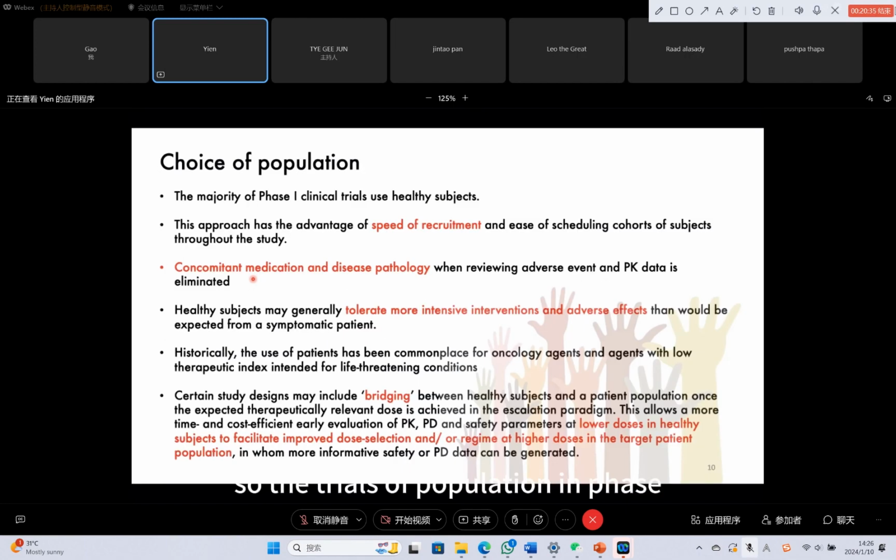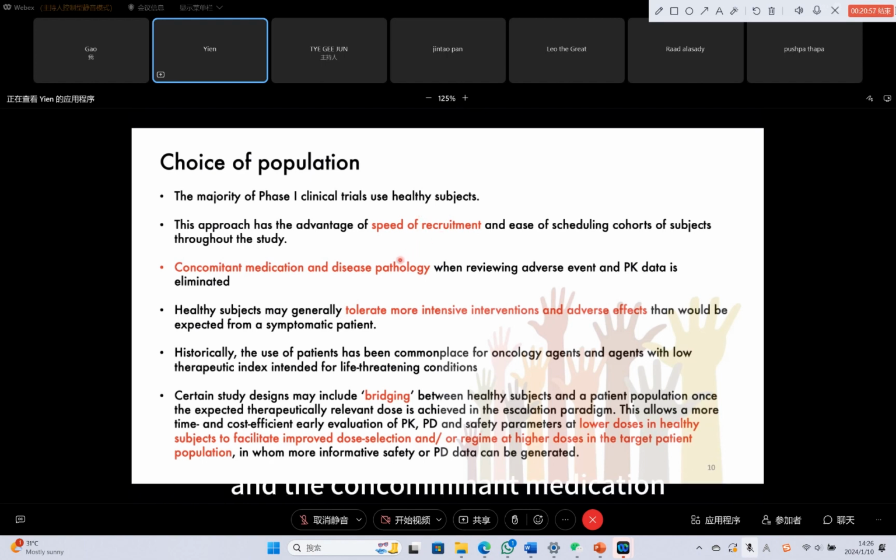For the choice of population in phase 1 clinical trials, most of the studies will rather use healthy subjects, as there are many advantages, including the speed of recruitment, because when you are recruiting patients with specific disease, you might take longer to recruit them.